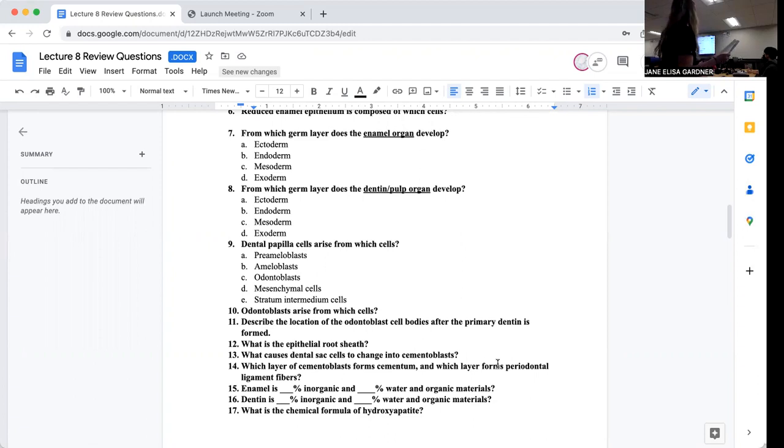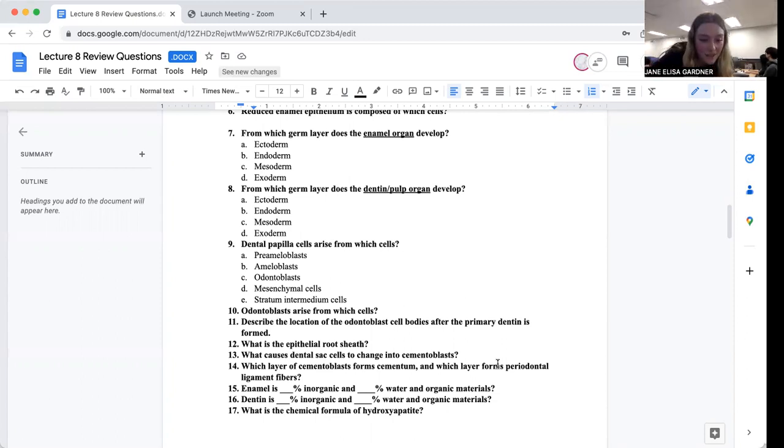So mesenchymal cells turn into dental papilla cells, which turn into odontoblasts. So let's see, I think there's a flow chart. Oh yeah, right here, page 166, I think. So when mesenchymal cells become more rounded and condensed, they change into dental papilla, and then dental papilla cells become more columnar or cuboidal, which then turns into odontoblast.